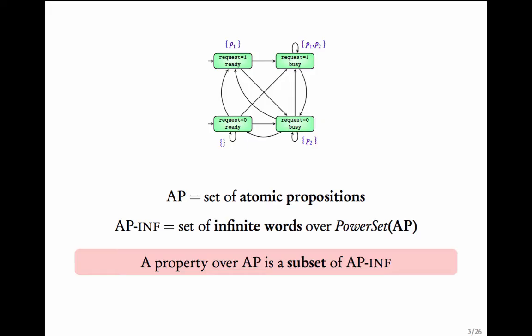Why? There is one word where every letter consists of just P1. There is a word where the first letter contains P1 and P2 and the rest of them contain only P1. In another word, the first two letters contain P1 and P2 and the rest of them contain only P1, and so on. So there are potentially infinitely many words that can satisfy a property.